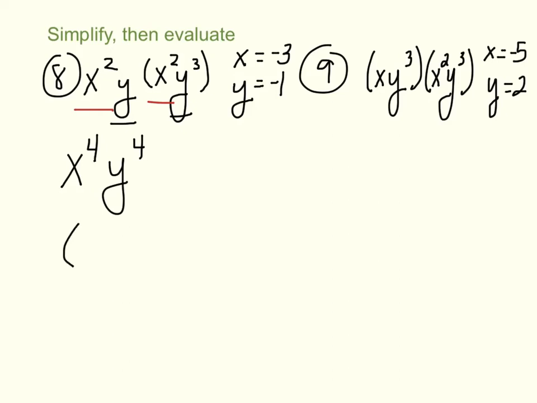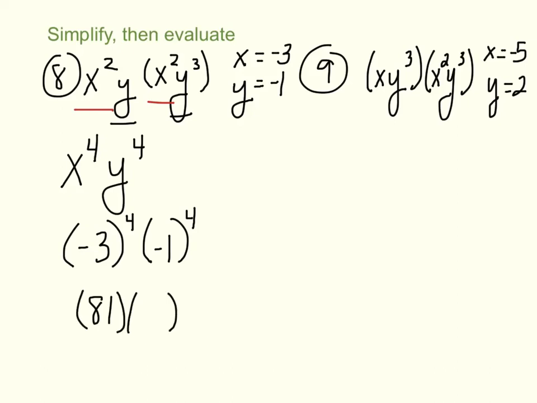When you plug them in, you have to have the negative 3 in parentheses to the fourth power times negative 1 to the fourth power. 3 to the fourth power is 81. A negative to an even power is positive, so it's just 81. Times negative 1 to the fourth power is positive 1. And then 81 times 1, my answer is 81.